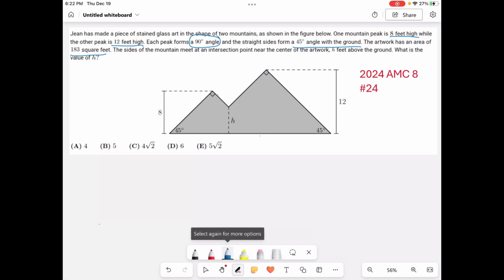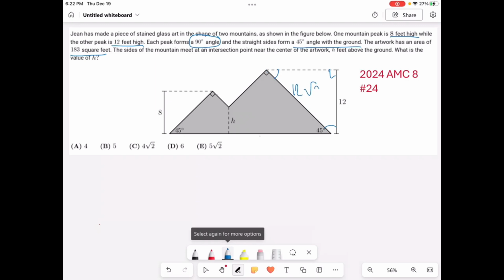Okay, so first we need to find this side. So this is a 45-45-90 triangle, right? In any 45-45-90, let's say this is x, these are two 45 and 90. The hypotenuse is always going to be x times the square root of 2. So that means that this side is going to be 12 square root 2.